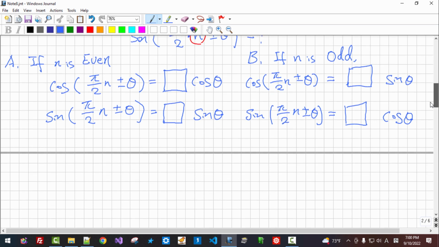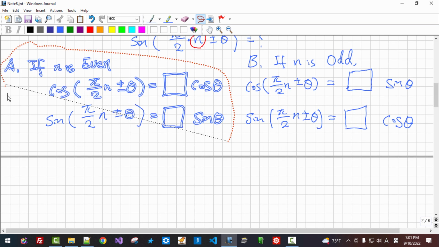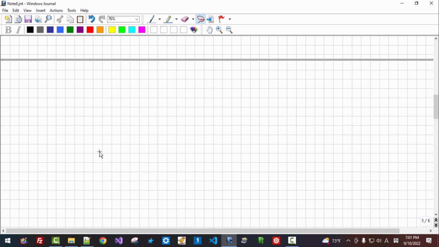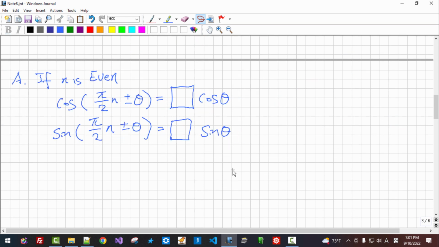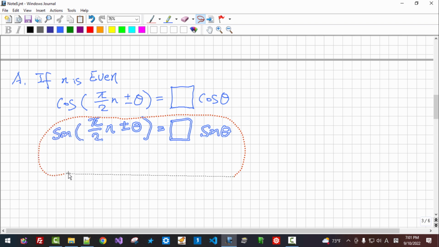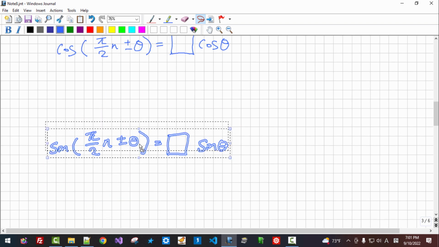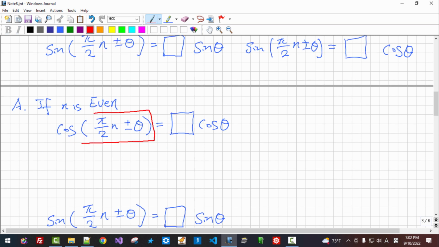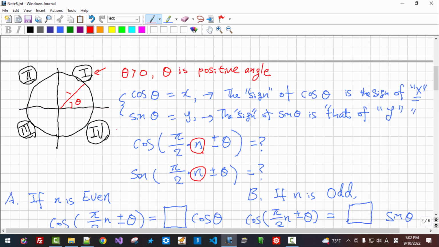Now I scroll. I will copy, paste it here. I will copy this, move it down like this. If this angle is in the first quadrant or the fourth quadrant, cosine follows the sign of x.